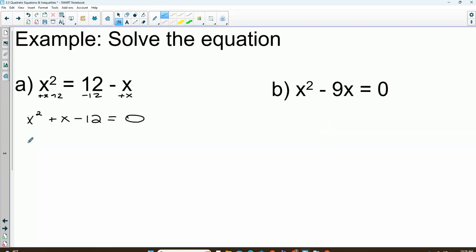Then we know how to factor that. X squared plus x minus 12. How does that factor? X plus 4, x minus 3. So we have things multiplied equal to 0. So you set each factor equal to 0.